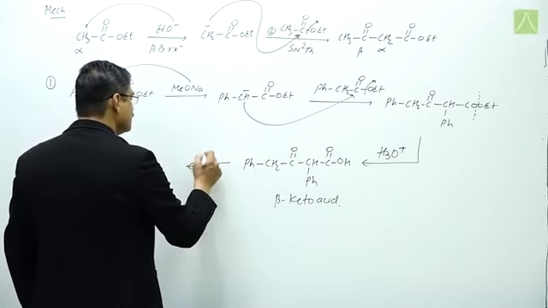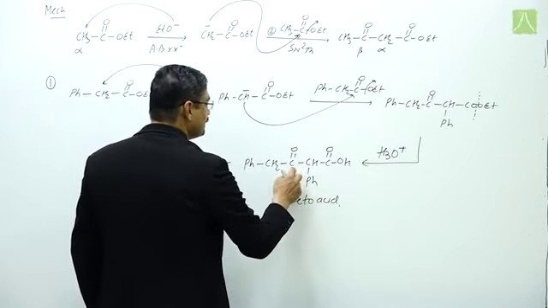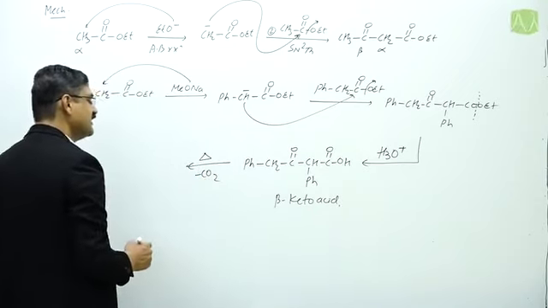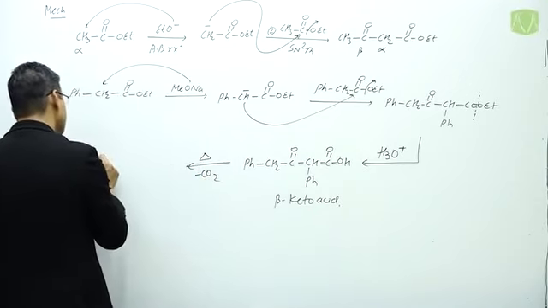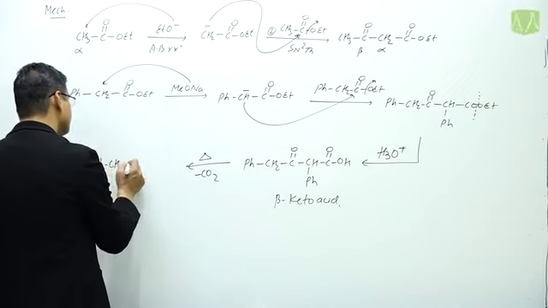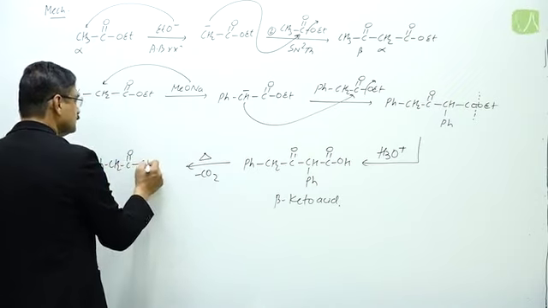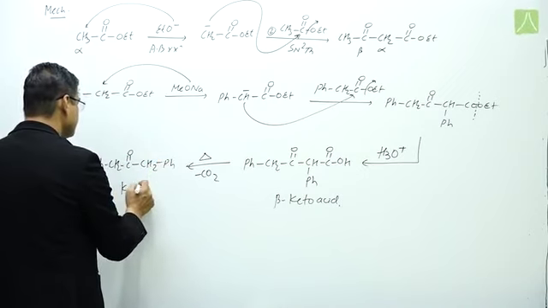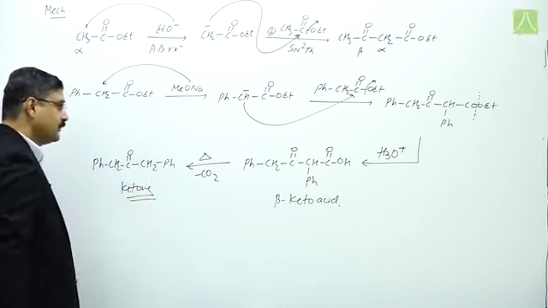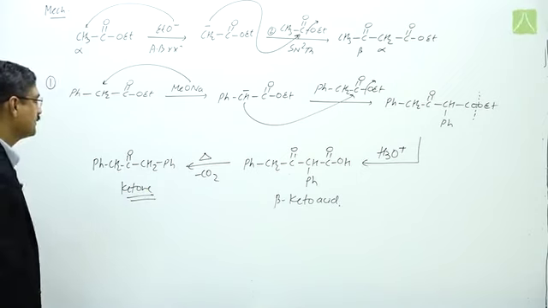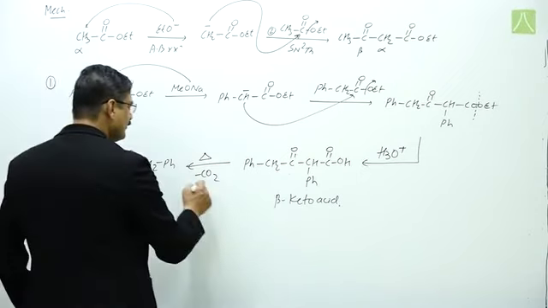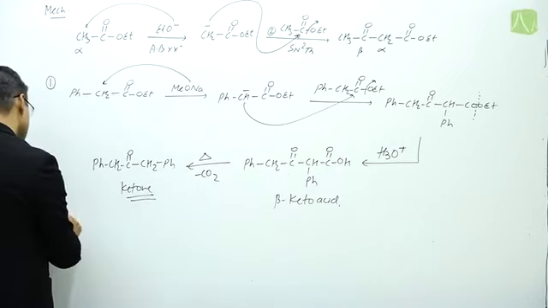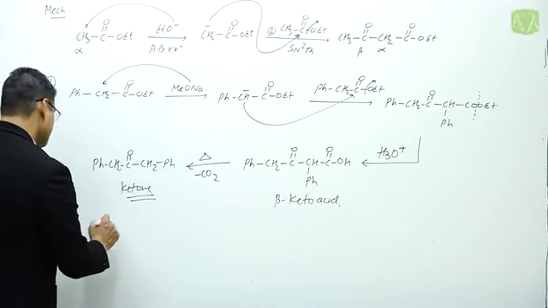Beta keto acid on heating decarboxylates very easily through a cyclic transition state. So, finally, ketone is obtained, because the acid is removed through cyclic TS.